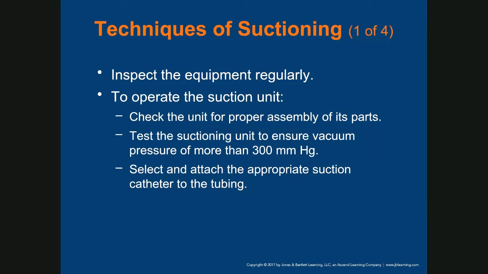The old type suction devices, you may have to kink the tubing to build that pressure up. Once you have the desired pressure, then you need to test that suction, right, to see if it's working properly. Once you test the suction, then you measure and you suction.